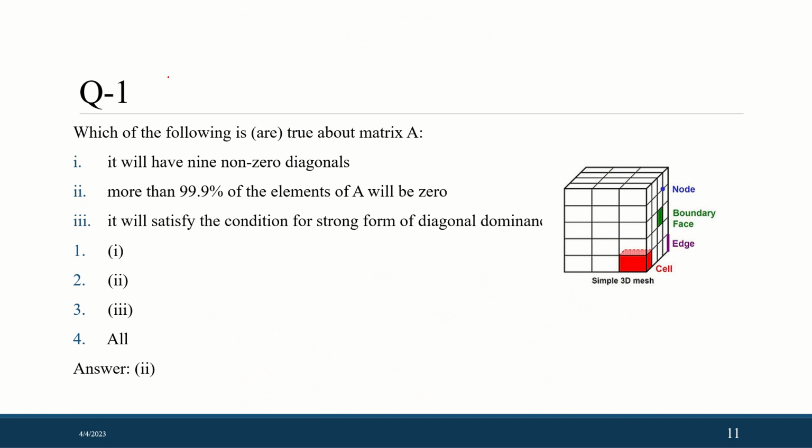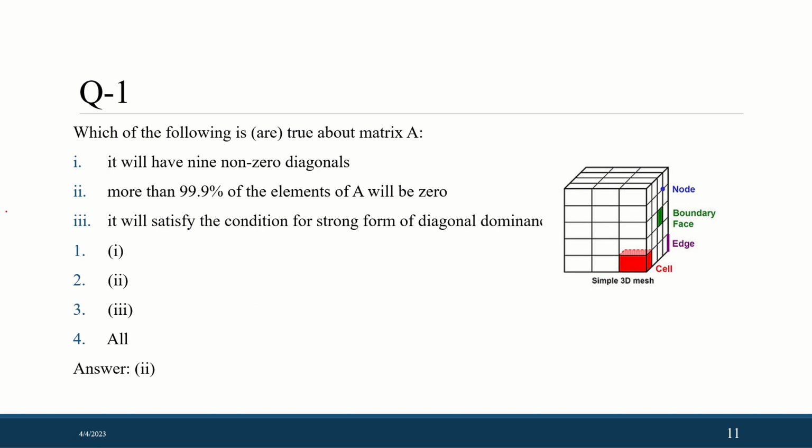Moving on to the problem, which of the following is true about matrix A? It will have 9 non-zero diagonals. More than 99.9% of elements of A will be 0. It will satisfy the conditions for strong form of diagonal dominance. The options given are 1, 2, 3, all, or it is 2.